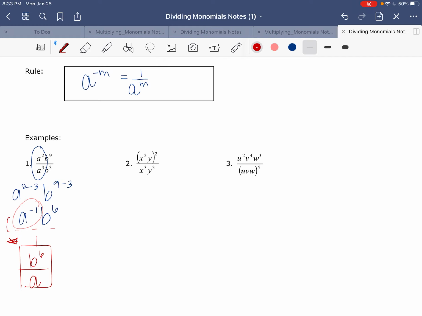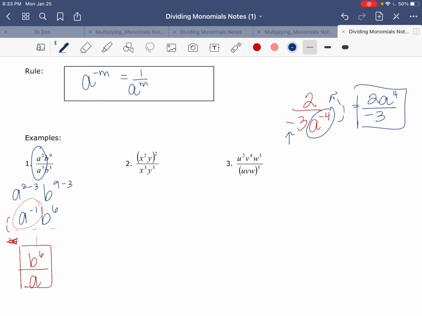I want you to make sure you understand I'm not saying something like 2 over negative 3a to the negative 4. Yes, this has the negative exponent and would need to move. This negative coefficient does not need to move because it does not have a negative exponent. The only thing you're going to move across the fraction bar are your negative exponents. So this would actually become 2a to the positive 4 over negative 3. And then this would be okay, just like that.